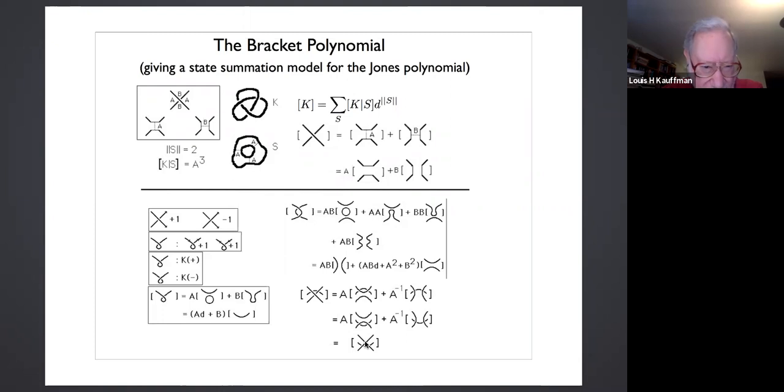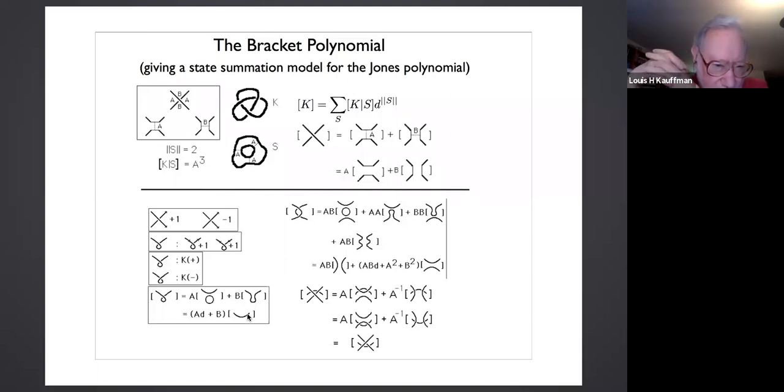It's not invariant under the first Reidemeister move. The general picture of what happens under the first Reidemeister move is here at the bottom of the slide. I'm assuming you can see the arrow I'm moving. If we expanded this by A and then by B, you get a loop. So you get AD plus B multiplying no curl at all.